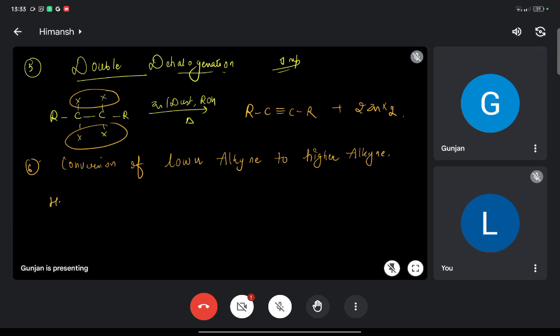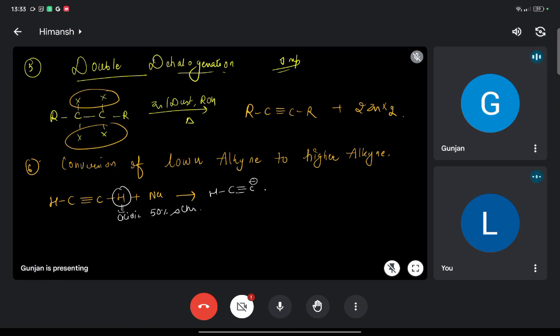Have a look. This is an alkyne, right? If we react it with a base or metal, suppose sodium metal, this hydrogen is acidic, right, Himansh, due to 50% s character of the triple bond.